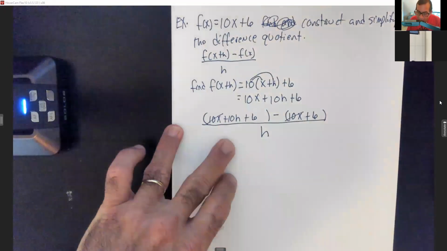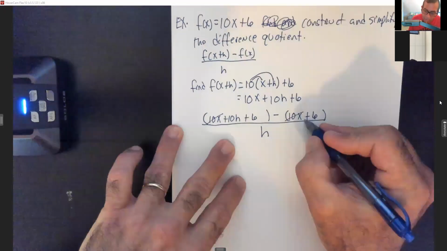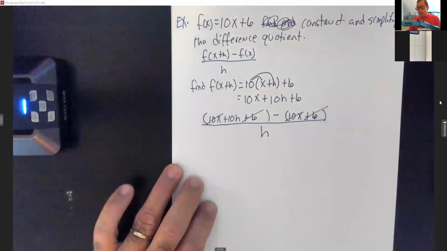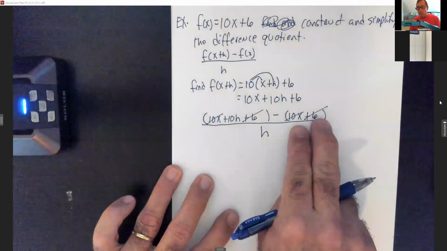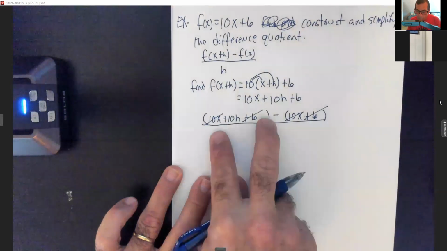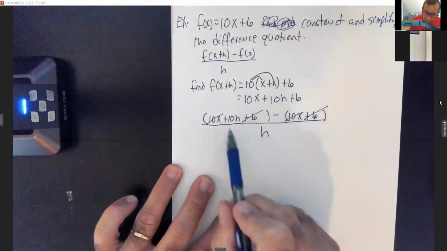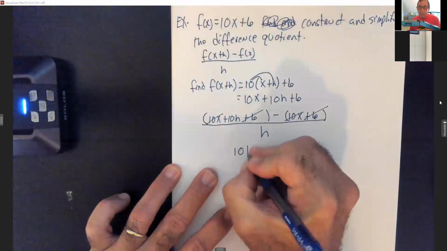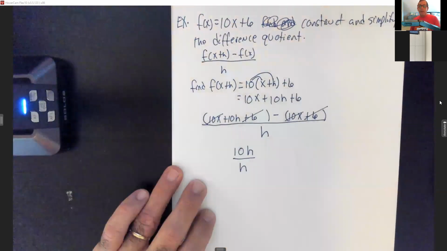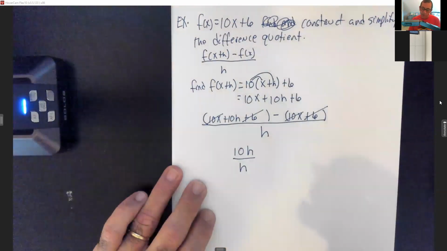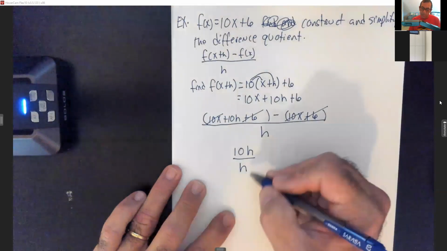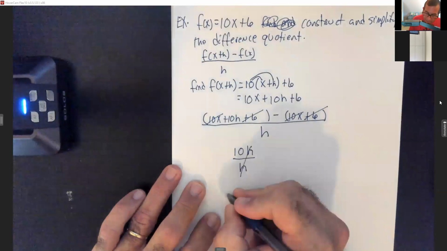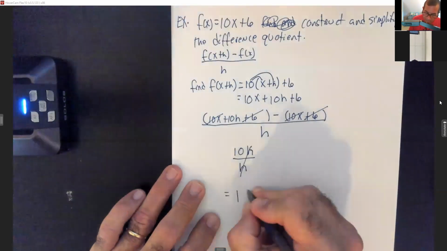That's going to make that a negative 6. That's going to cancel with a positive 6. So remember, everything in that second parentheses will always cancel. So what's left? All that's left on top is a 10h over h. And notice that last step said cancel all the h's on top with what's on bottom. So that 1h cancels with that 1h. So my final answer again is 10.